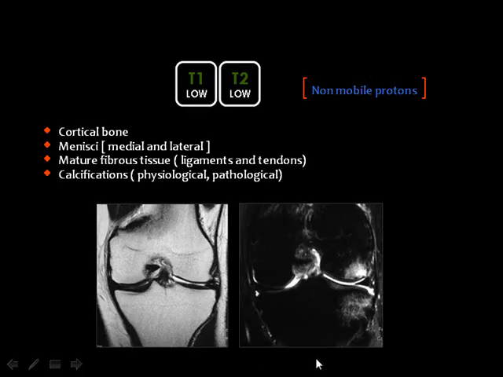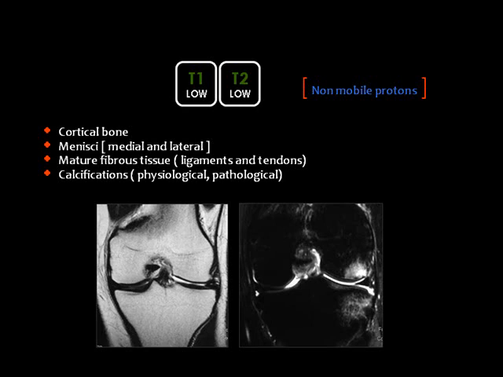Then, what are the things which appear black in the T1 and bright in the T2? This is fluid. Examples of fluid in the human body: the CSF, synovial effusion, urine, the vitreous in the eye.